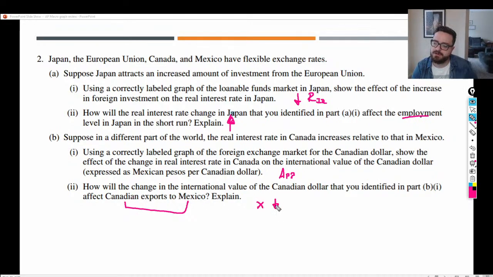Exports will fall. Again, don't just draw arrows when you're writing out answers for explanations. Write the word increase or decrease or fall or rise. I'm just doing it because I'm writing with a mouse.